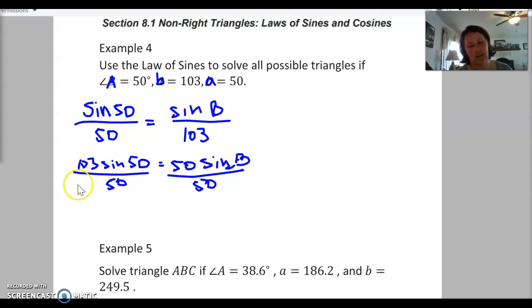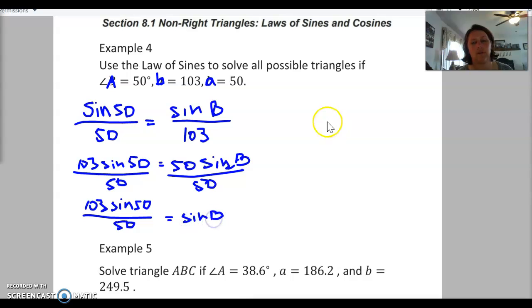We're going to do all that on our calculator over here on the left hand side. 103 sine 50 over 50 is equal to the sine of B. After going through all of that on your calculator, you're going to get the sine of B is equal to 1.578.